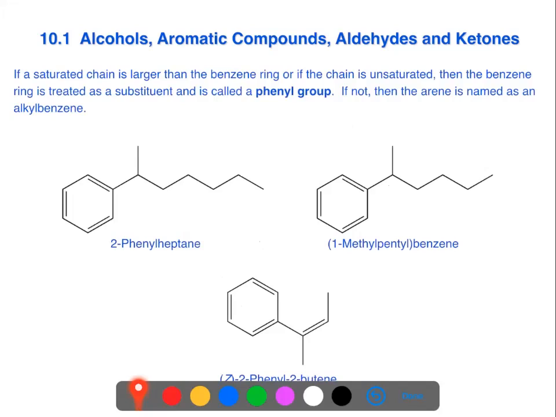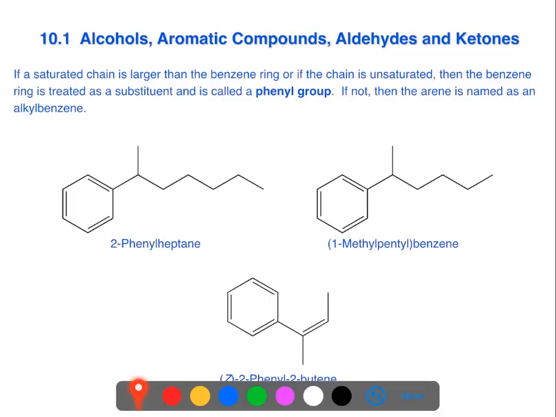Now, when we're naming benzene systems that contain alkyl chains, we have to be careful about whether or not we treat benzene as the parent or not. So it all depends on the number of carbons in the parent system. And so for a ring system like benzene, that number is 6.